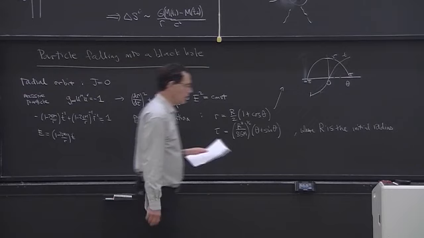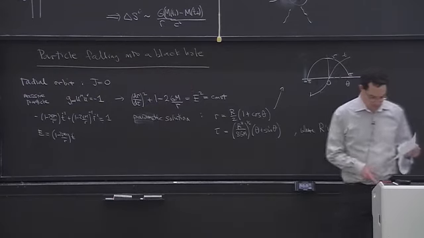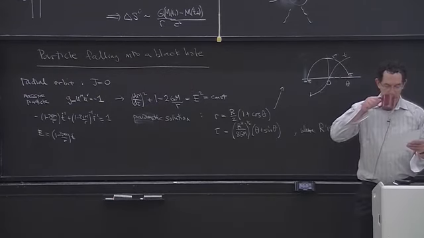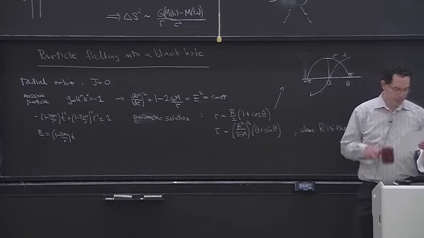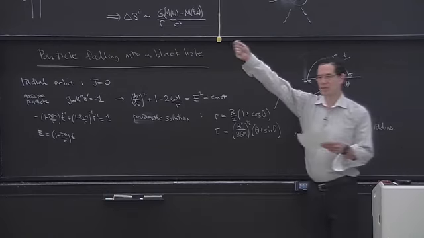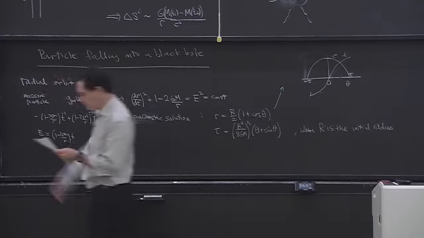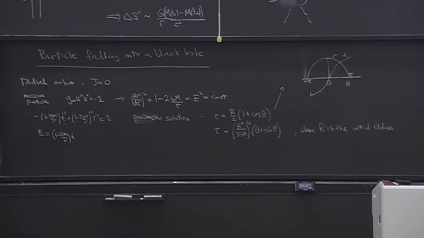So this solution, not surprisingly, was discovered by Newton. It just represents the motion of a radial particle in a Newtonian potential.